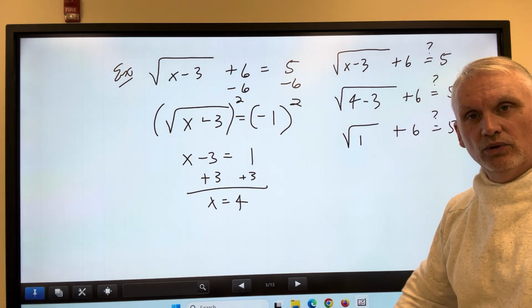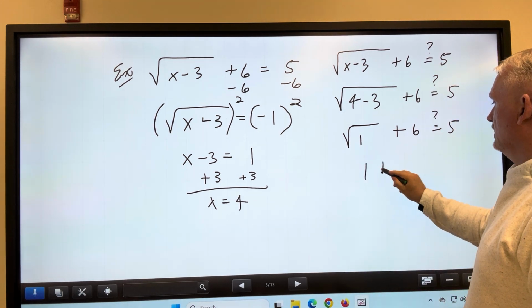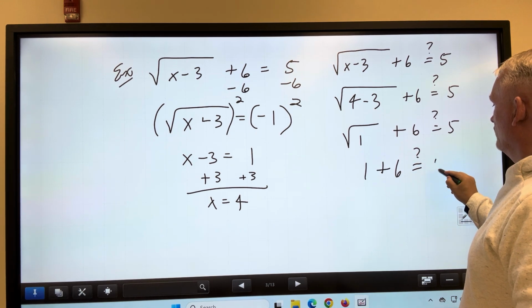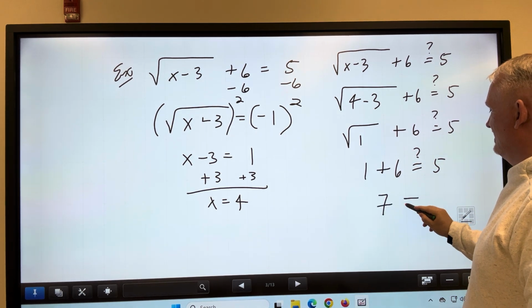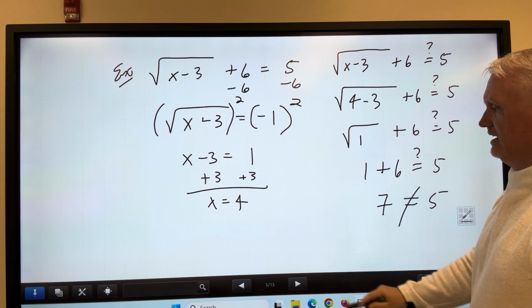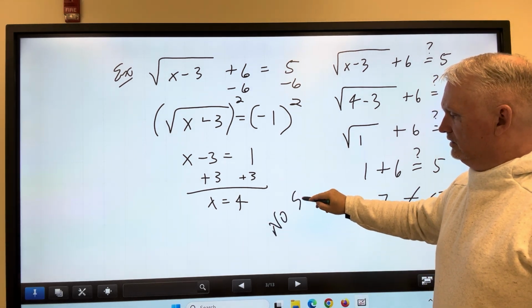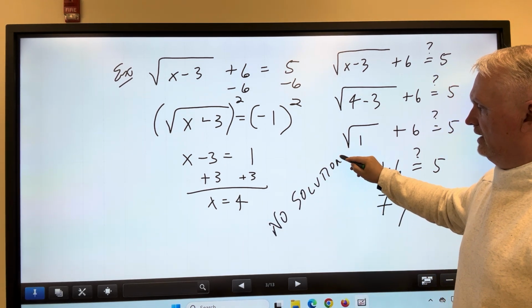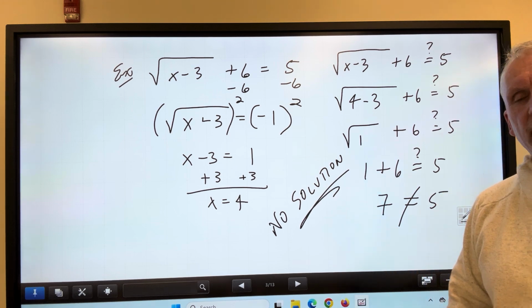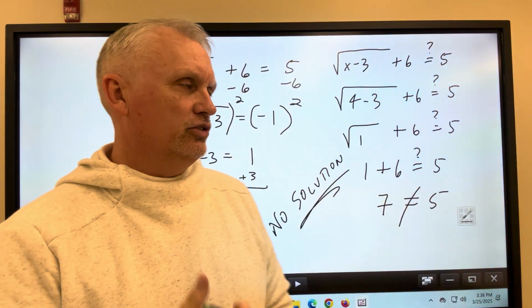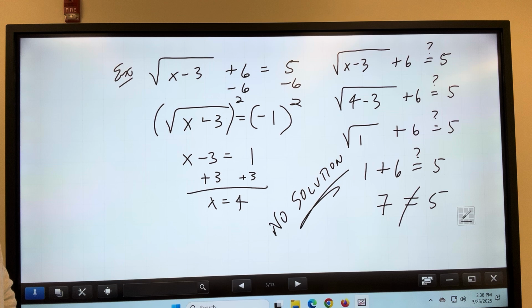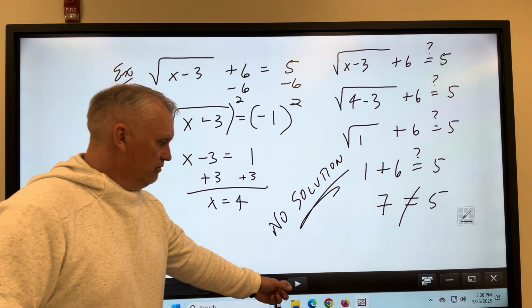Well, the square root of 1, which is 1, 1 plus 6, does that equal 5? Well, the answer is 7 does not equal 5. No solution. That's why it's imperative for you to actually check the results. Okay? Moving along.